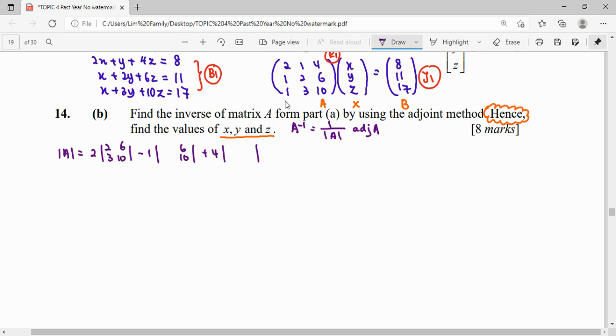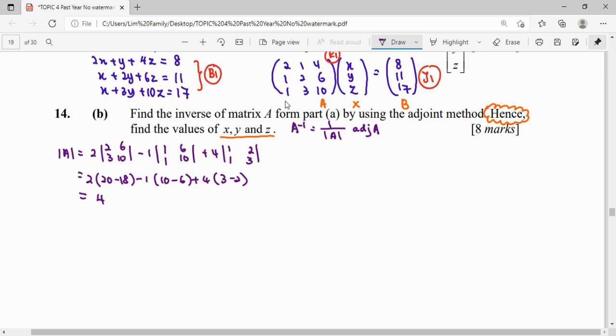So 6, 10 over here, 2, 3 over here. The vertical part is 1, 1. So we try to figure it out. So this will give us 4.